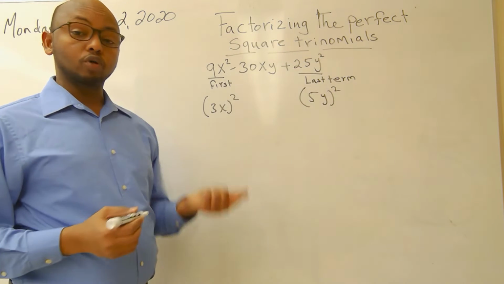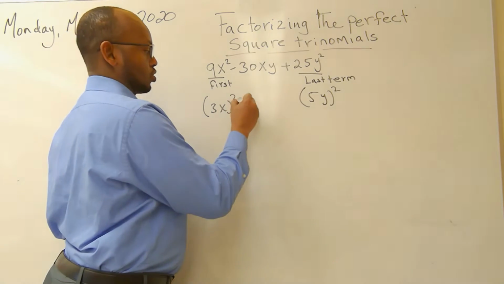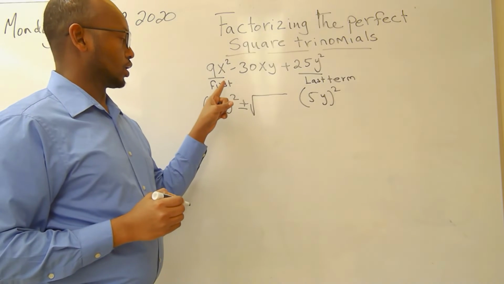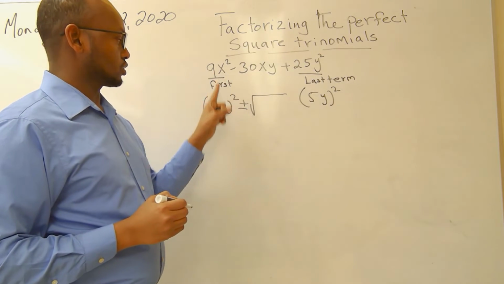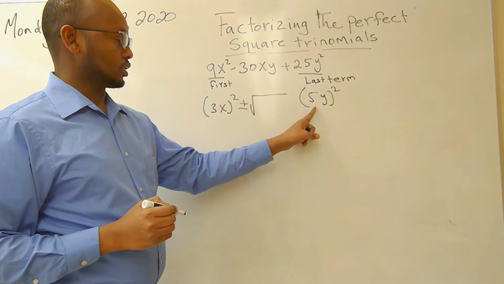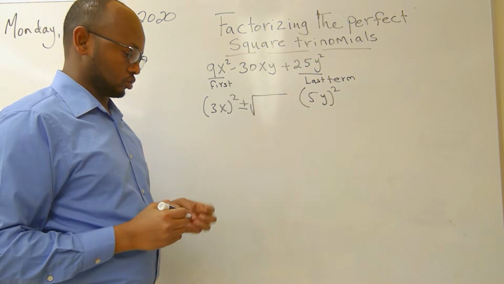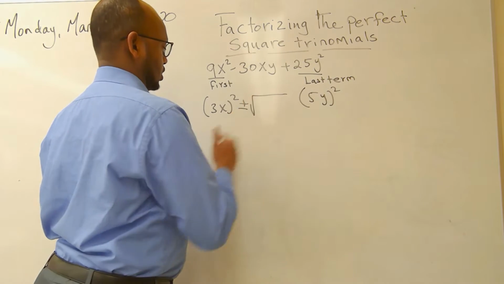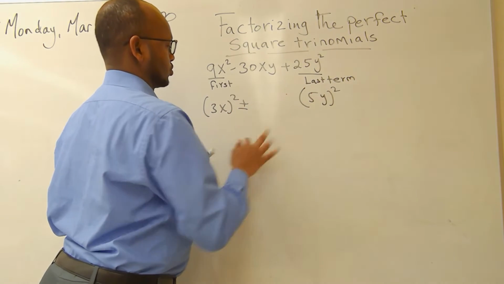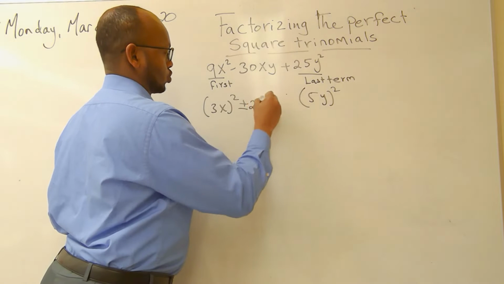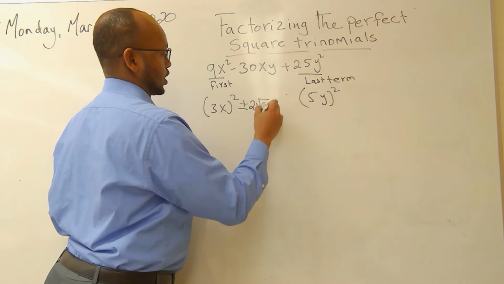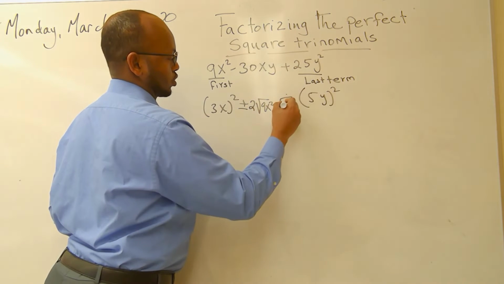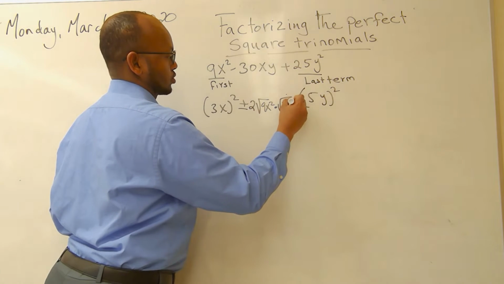That's good. How about the middle? The middle is plus or minus 2 times the square root of the first times the square root of the last. I forgot to write the 2 here. So 2 times the square root of 9x squared, times the square root of 25y squared.